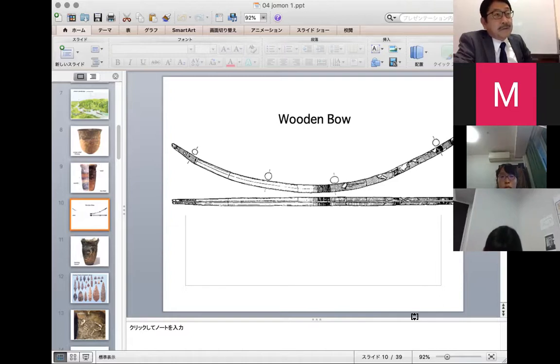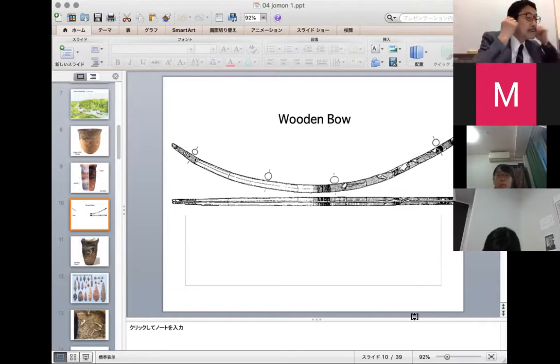You use the power force of the wood. So many good points, merits in a bow and arrow system, and it's obvious that the efficiency of hunting was raised pretty much.